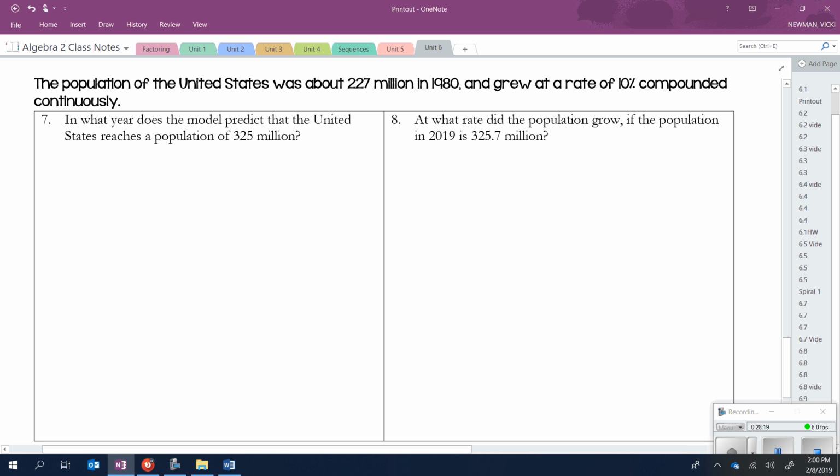The E one, the PERT formula, continuous compounding. Compounded continuously is A equals P E to the RT. Because everything is in millions here, you don't need all the zeros. You can use 227, 325. Is everybody okay with that? Yeah. When you start using all the zeros, gross, yeah?